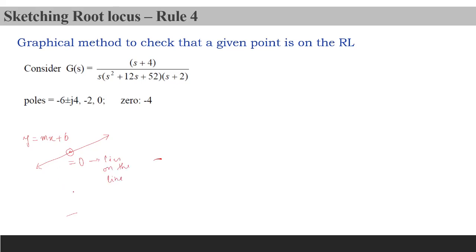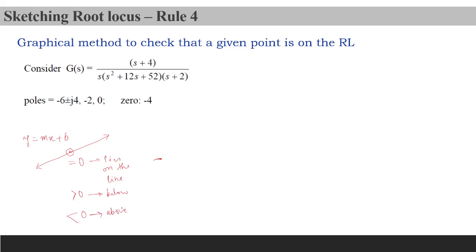If the result was less than 0, we would say it's below the line, and lastly if it was greater than 0, then we would say that it's above the line.